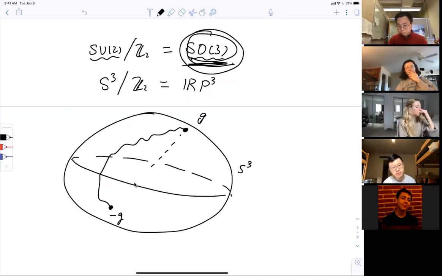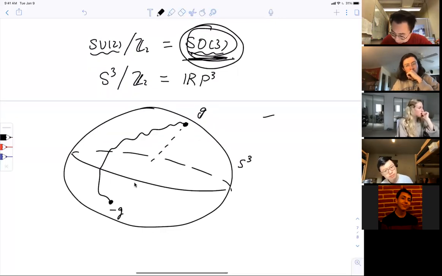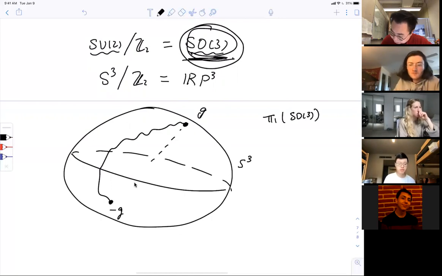If you move this point around, the other point will also change. There's no way to shrink it to a point. The equivalent way to say this is that the fundamental group of this space is Z2. There is a non-trivial element.